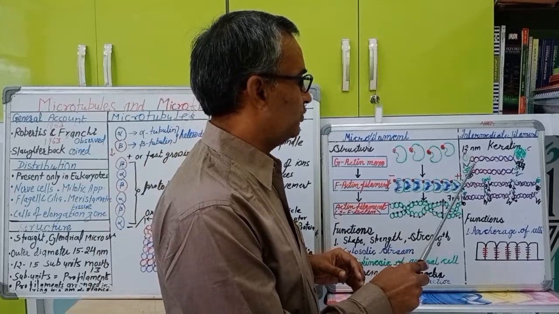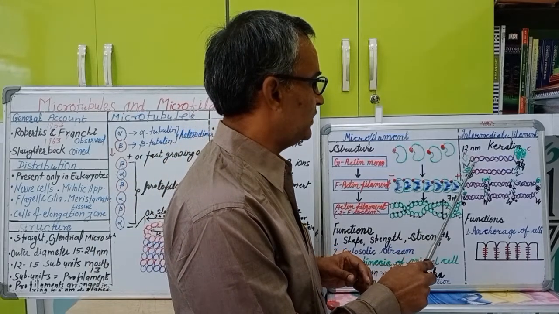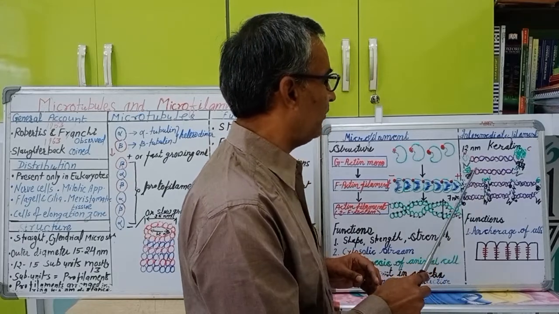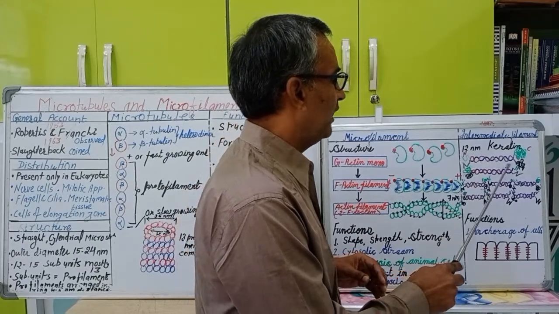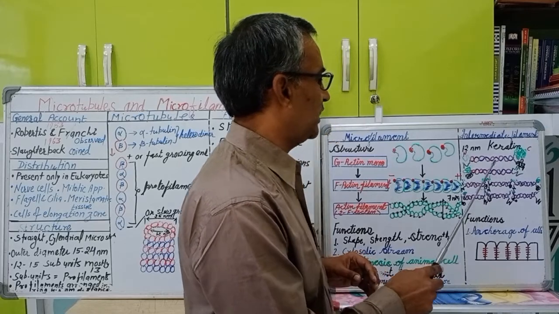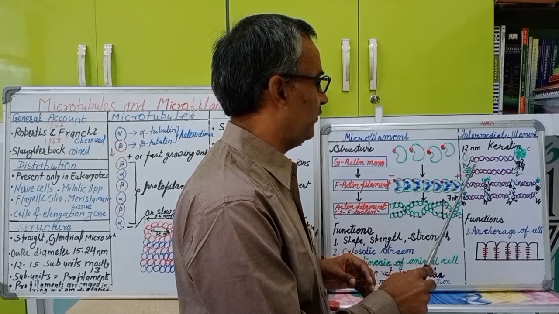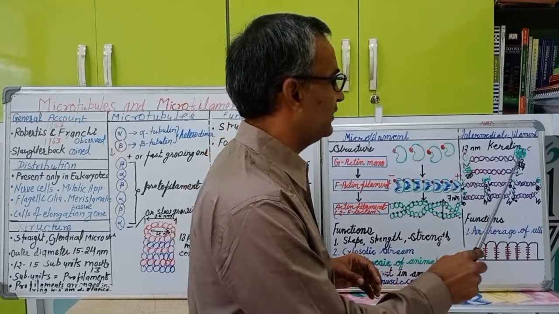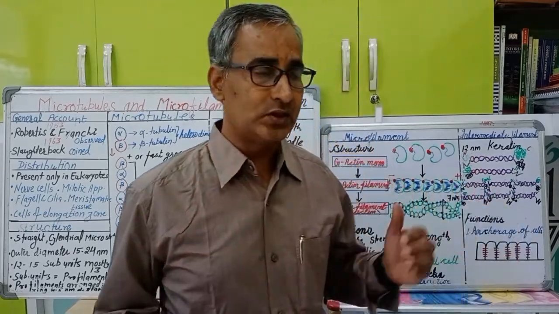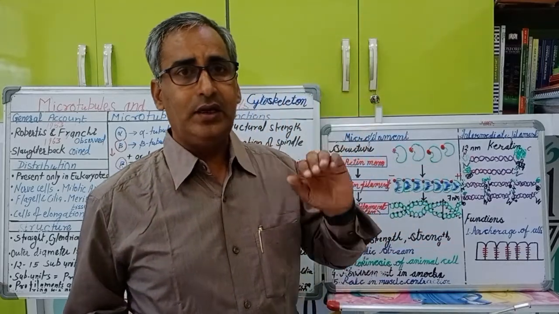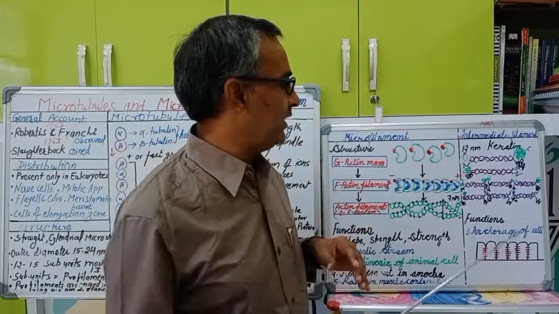Two such polypeptide chains intertwine with each other and form a dimeric structure, and both have the same orientation, with the N-terminal on one side and the C-terminal on the other side. But they ultimately form a tetrameric structure.